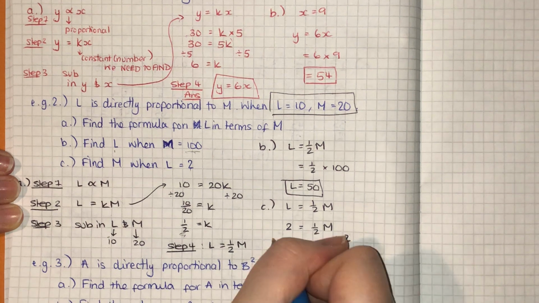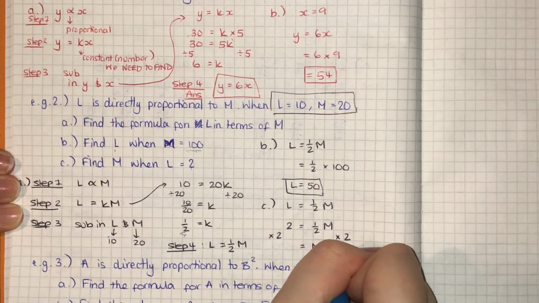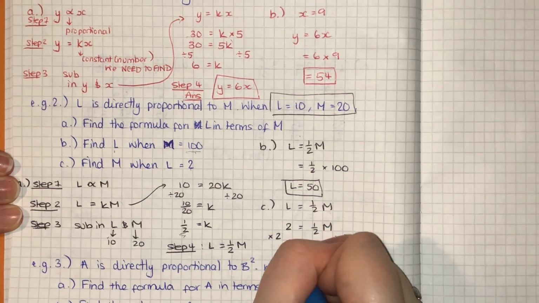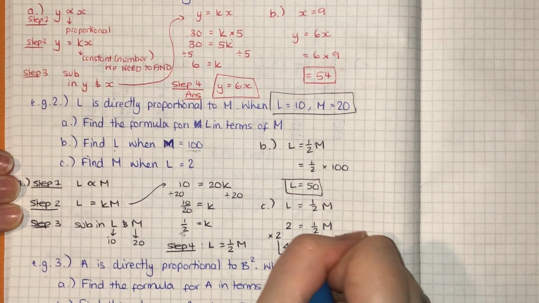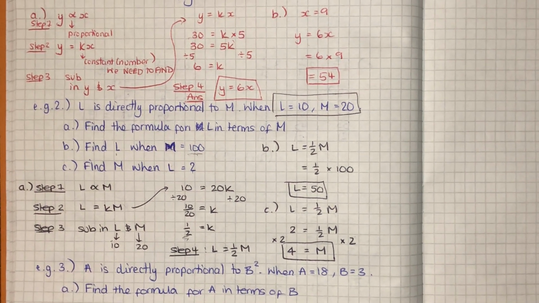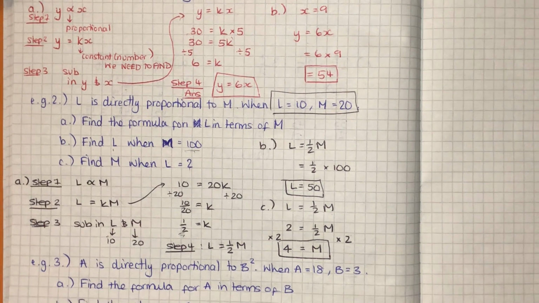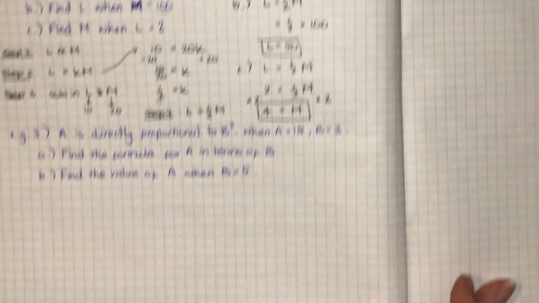Now whatever you do to that side, you do also need to do to the other side as well, which means that M must be equal to 2 times 2, which is 4. And that's my final answer. So it's not too difficult, it's just a little bit fiddly because it's slightly different to what we do at the top.